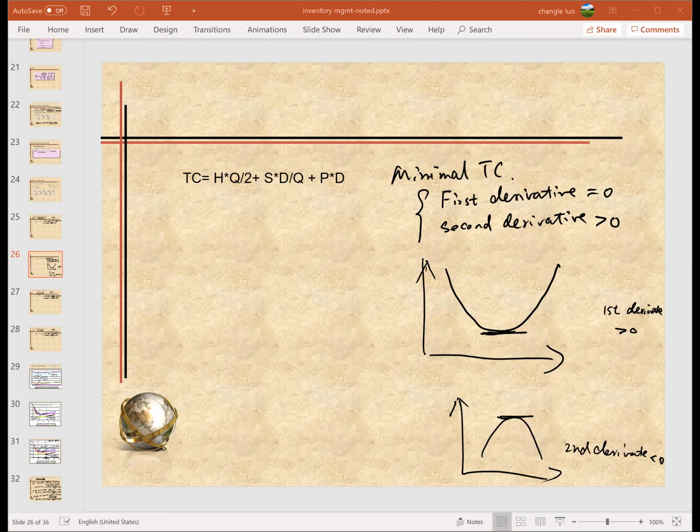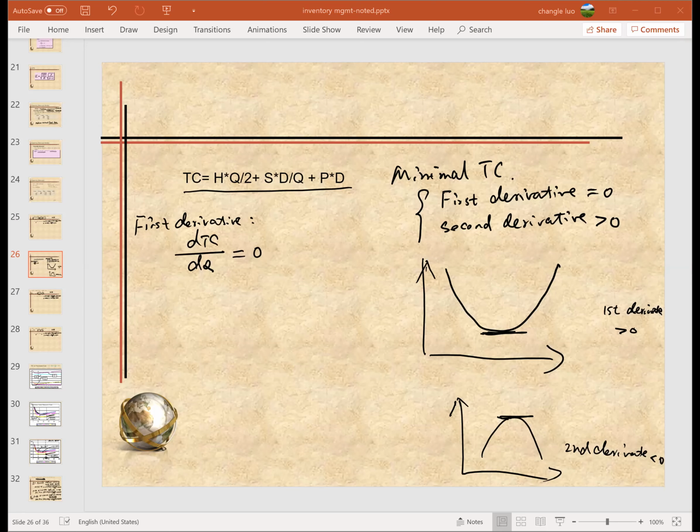So for this one, we take the first derivative, right? We take the first derivative, looks like this first. We want it to equal 0, so we set the first derivative equal to 0.